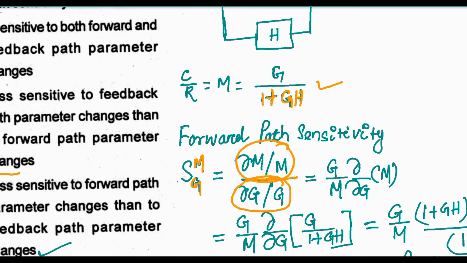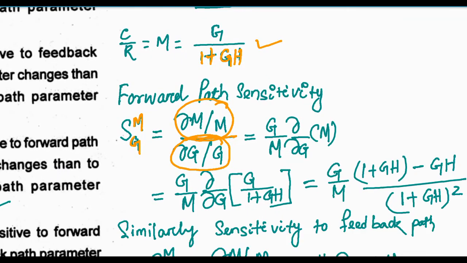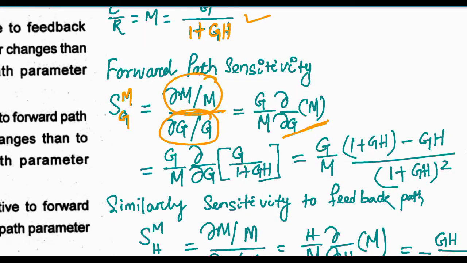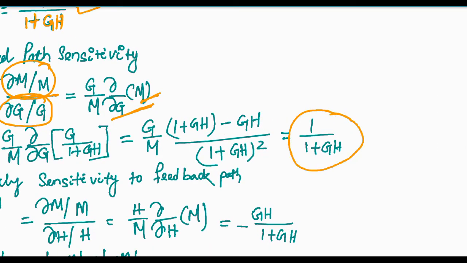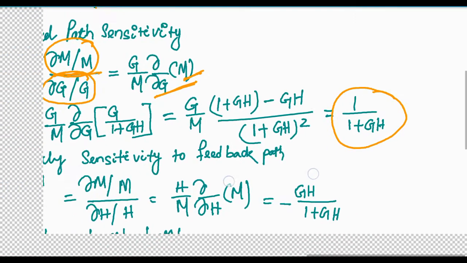This can be written as G by M into del M by del G. If we put the value of M, finally we are getting 1 by 1 plus GH.